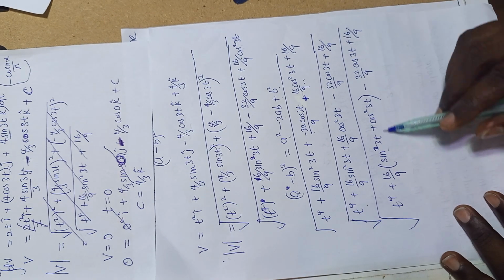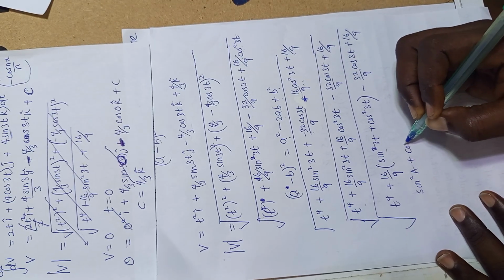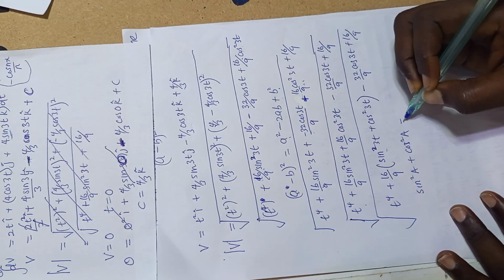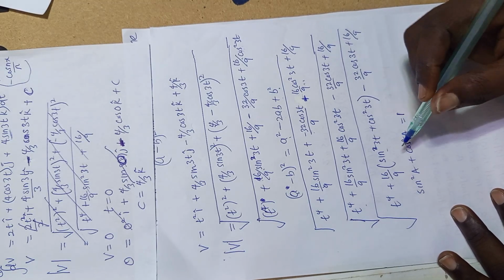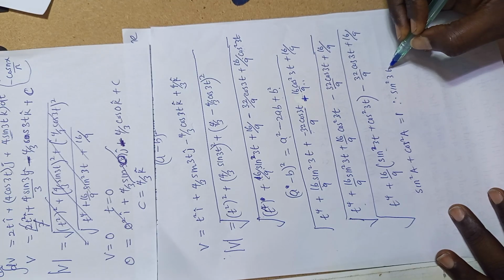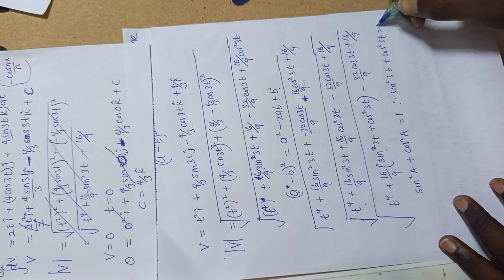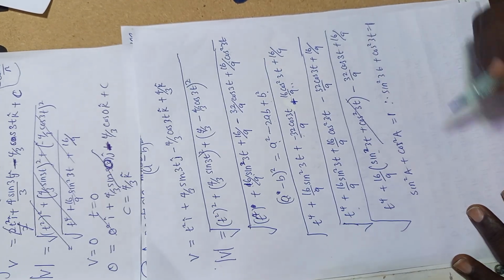Now, sine square a plus cos square a is equal to 1. Therefore sine square 3t plus cos square 3t equals 1, so everything here will cancel.